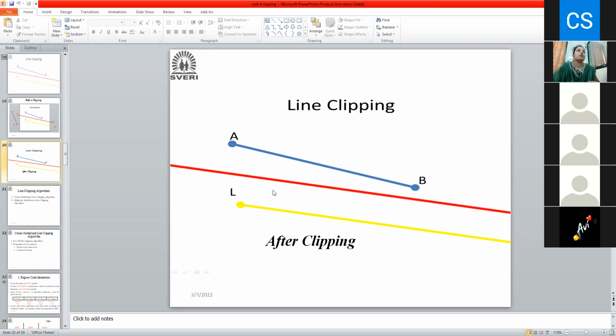Okay, so that is the types of lines. The portion which is visible with respect to the window, only that we are going to consider. The portion which is outside, here the red line has some portion outside, that has been eliminated.